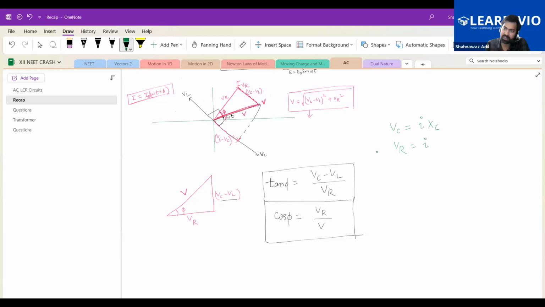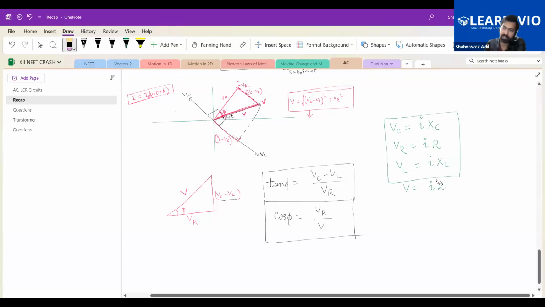VR is I times R. VL is I times XL. And we can write the overall voltage as I times Z.